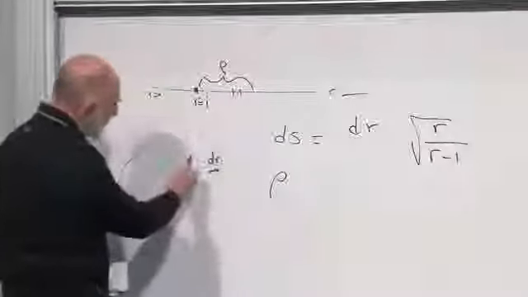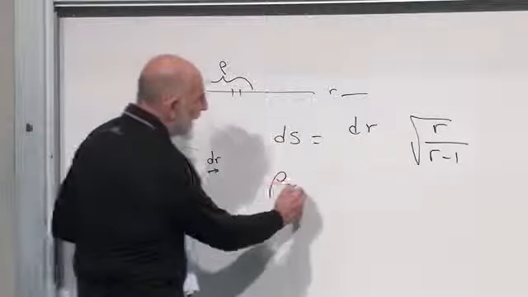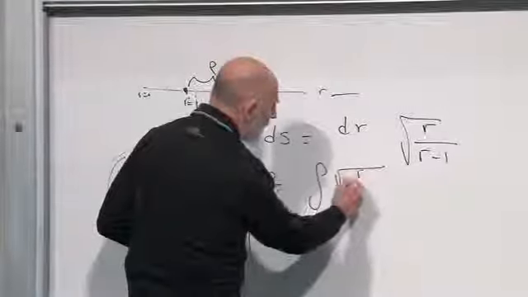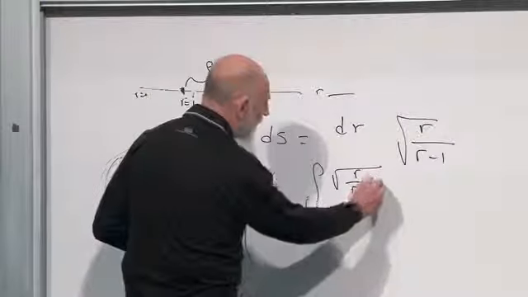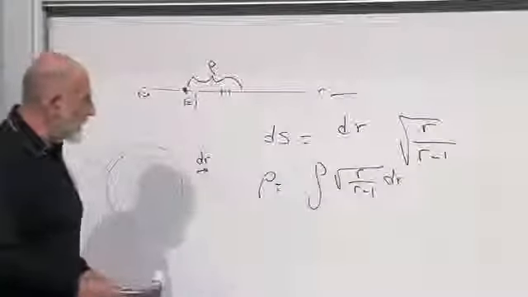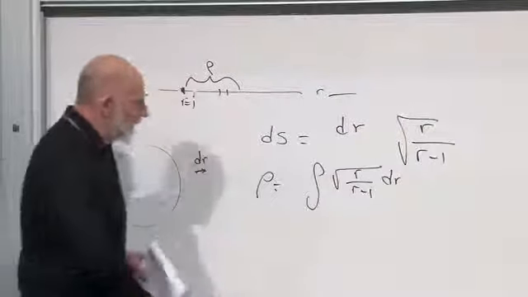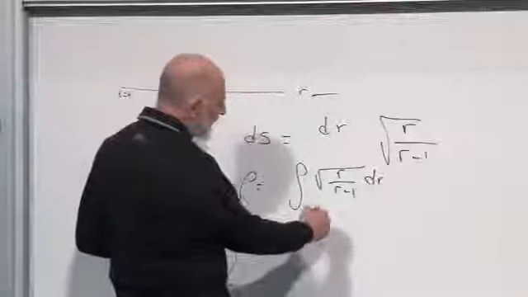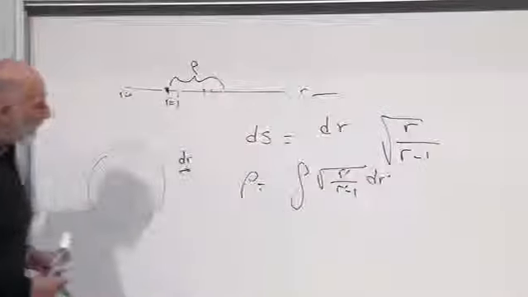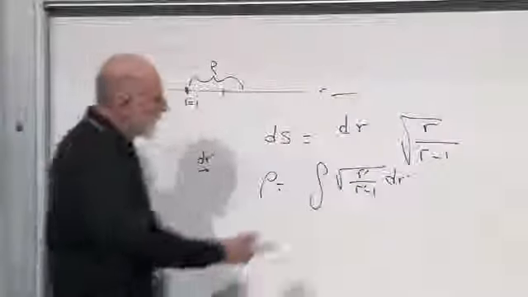Rho, the actual distance from the horizon, is the integral of the square root of r over r minus 1 dr. From where to where? This is a definite integral. Maybe we should call this prime since it's just an integration variable. Not the same prime as before.